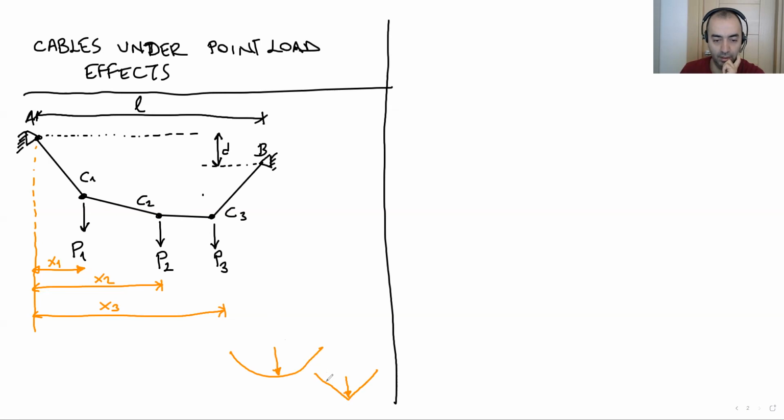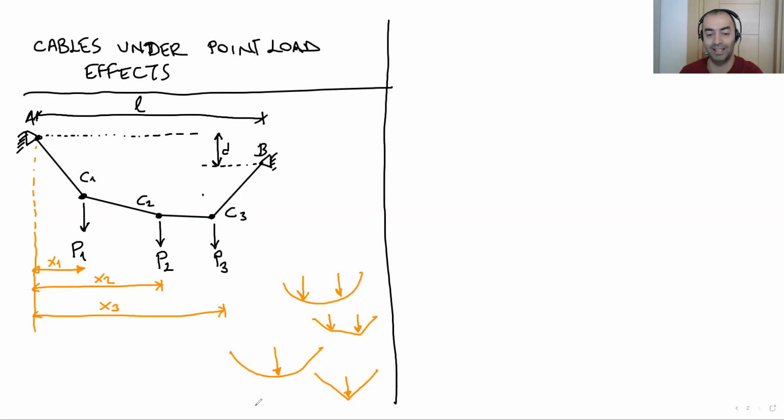So the cable portion at the left-hand side and the right-hand side will be like a straight member under this point load. So if we increase the number of point loads on the cable, as you can see here, for example, if I apply here and apply here, I will have a shape like this.